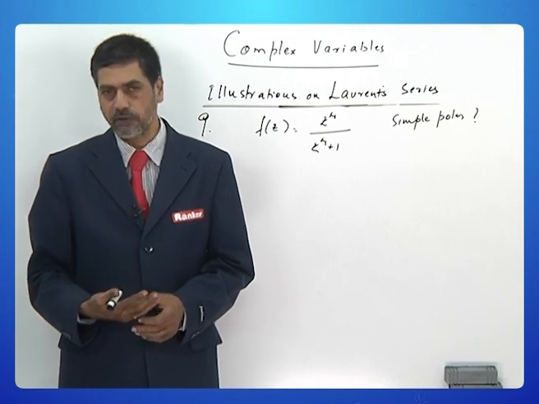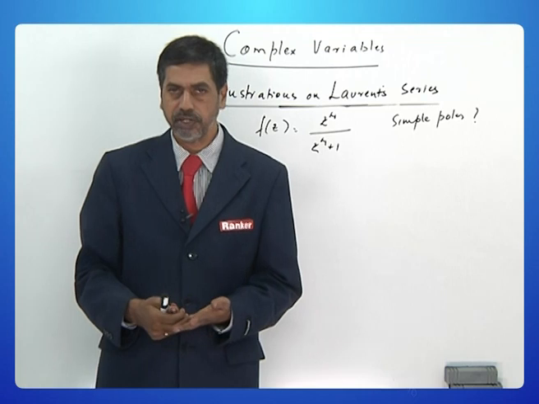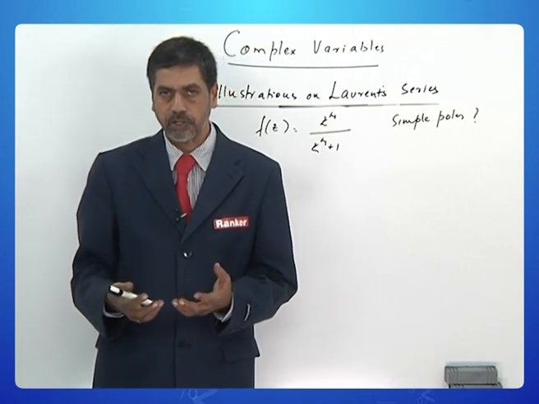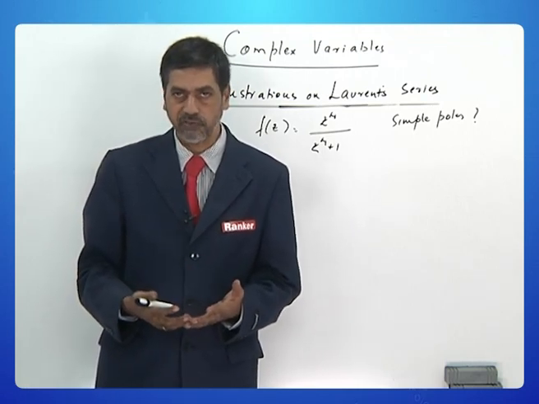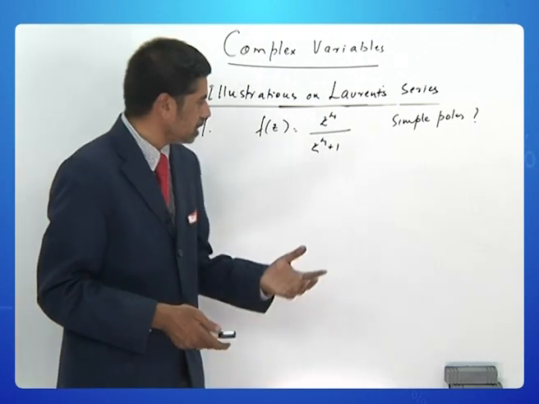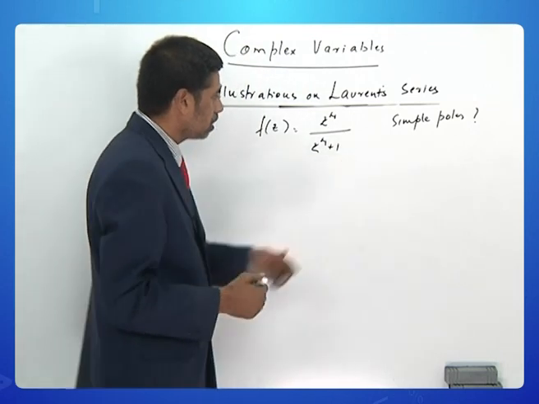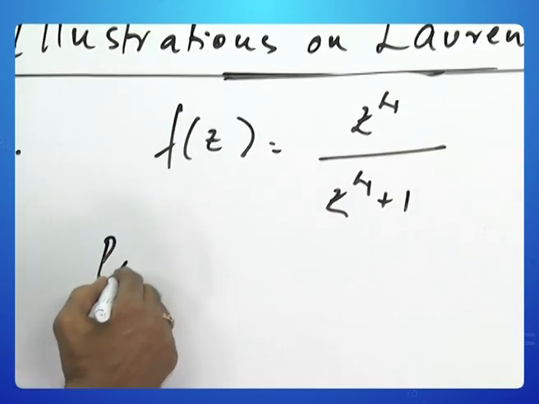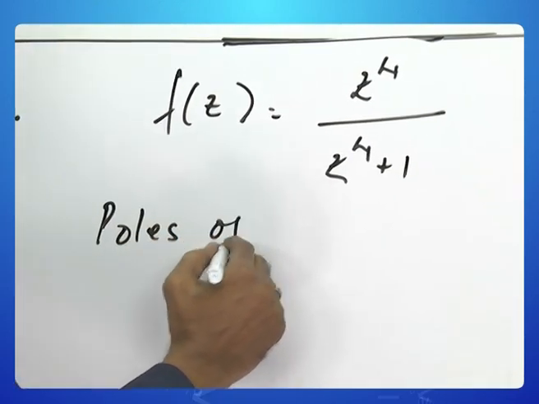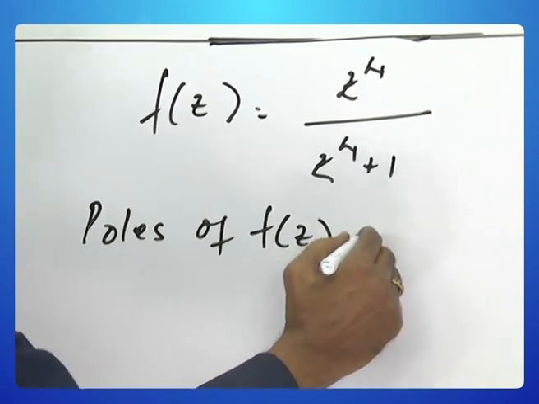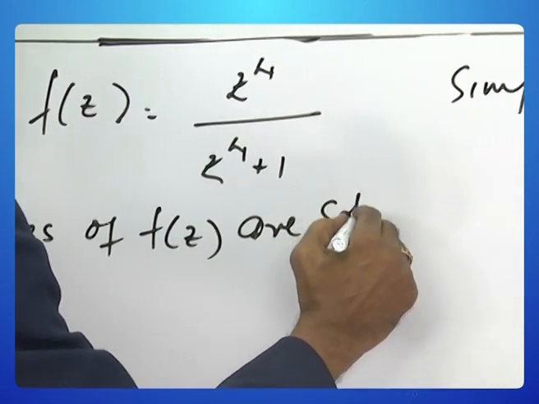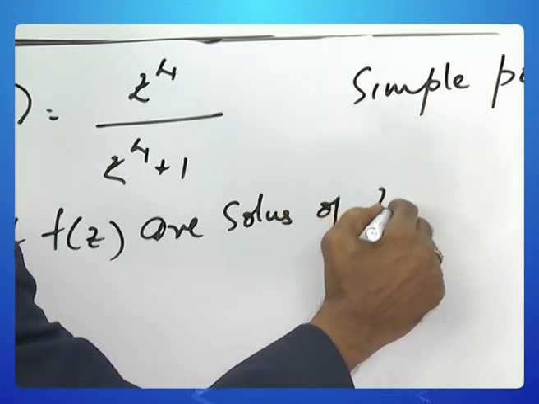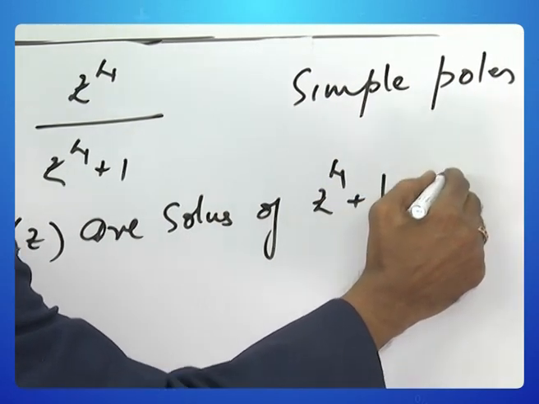Now what is the definition of a singularity? A singularity is that point or those sets of points where the function is undefined. So you can see that the poles of f of z are solutions of z power 4 plus 1 is equal to 0.